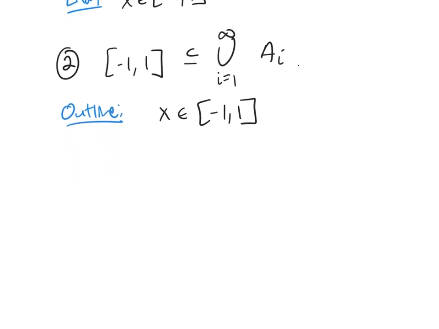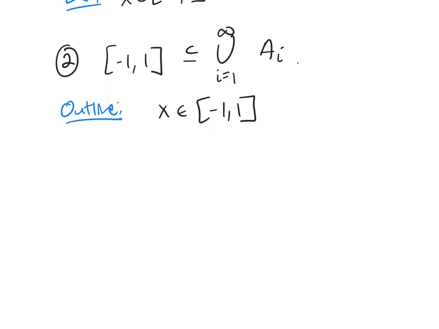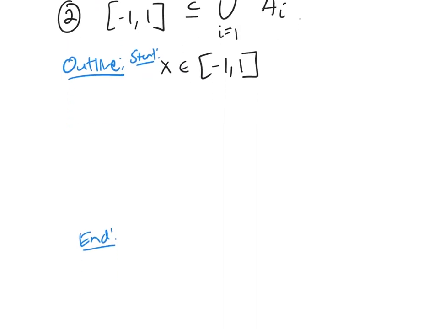So again, this is my start. What's my end going to be? The end is that x is in the union from i equals 1 to infinity of A_i. Well, to be in the union, it just means you need to be in one of those sets. So x is in A_n for some n.